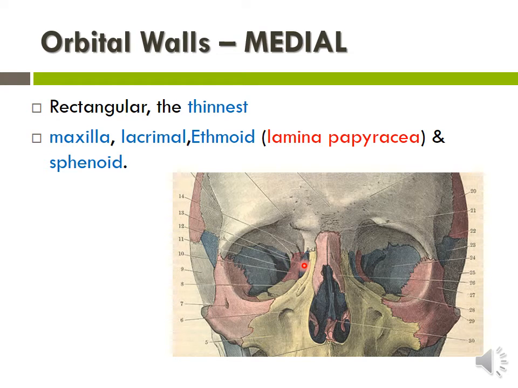Another important feature is that this medial wall is the thinnest one, mainly because the major portion of the medial wall is from the ethmoid bone. This ethmoid bone is very thin like paper, and that is why the medial wall is the thinnest one.